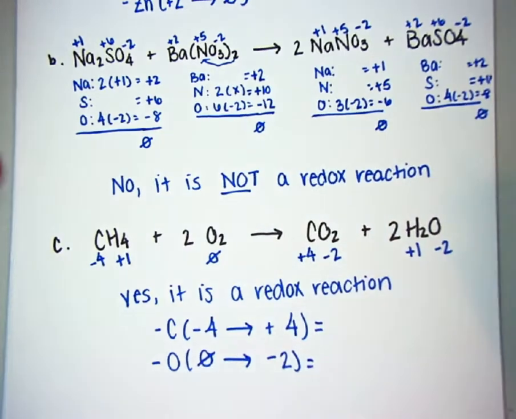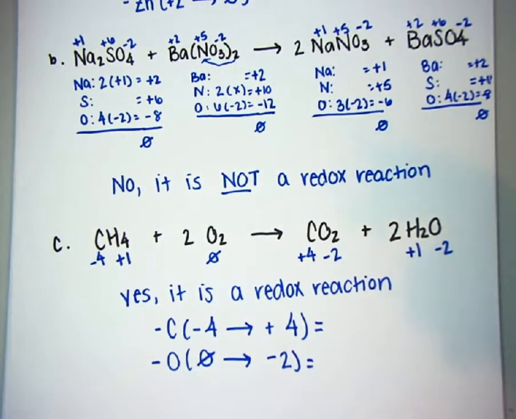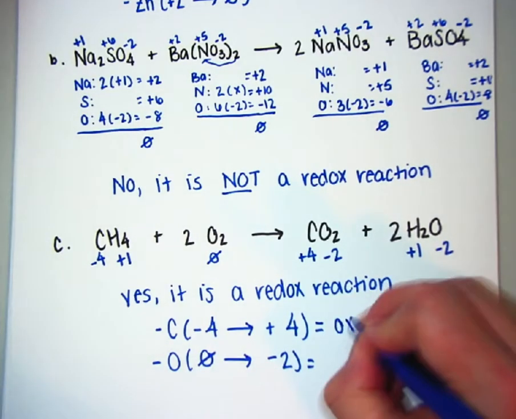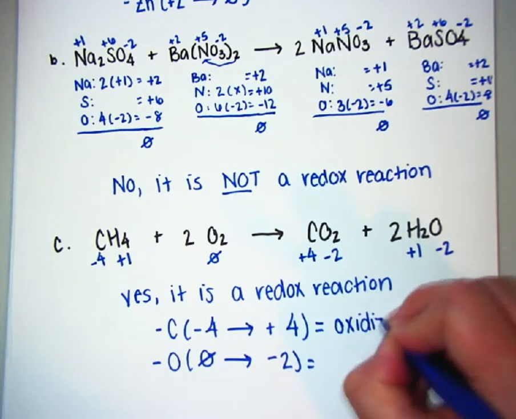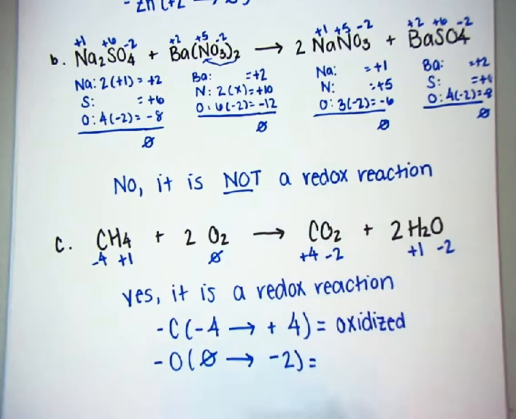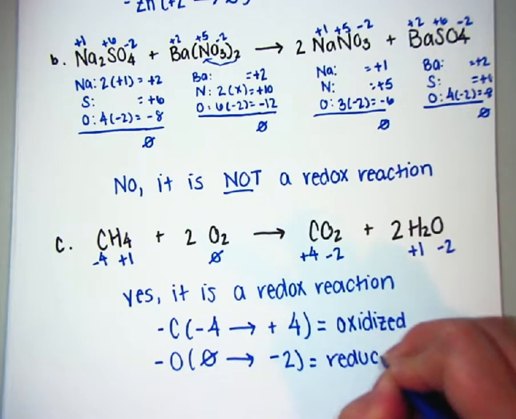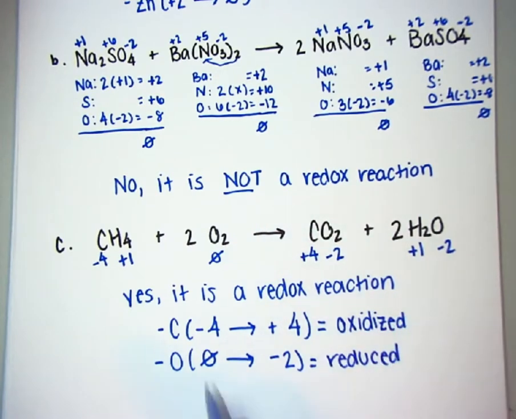Oxidation is the loss of electrons. If you lose negatively charged electrons, it becomes more positive. Carbon becomes more positive, so carbon is oxidized. Oxygen is reduced. It's reduced from a 0 down to a -2. Reduction is the gain of electrons. If you gain electrons and electrons are negative, it becomes more negative.